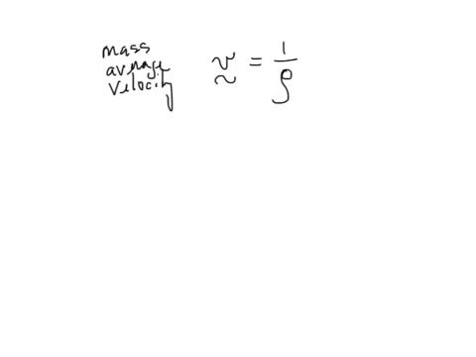Okay, the next definition is the mass average velocity. So this quantity is defined as a velocity which is a weighted average according to the mass concentrations of the species that are present. So it would be rho A times the velocity in the A direction plus rho B times the velocity in the B direction.